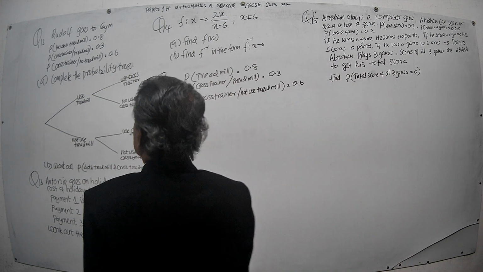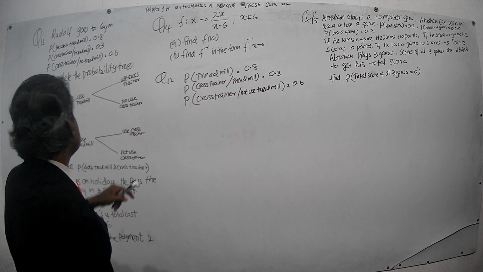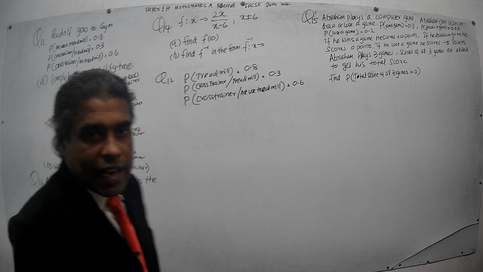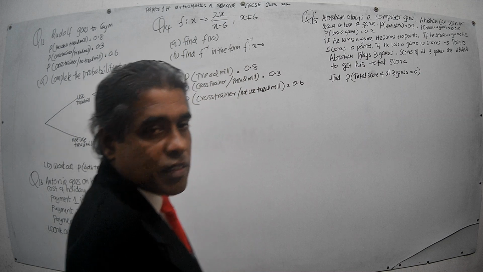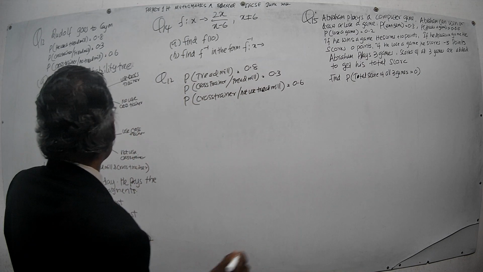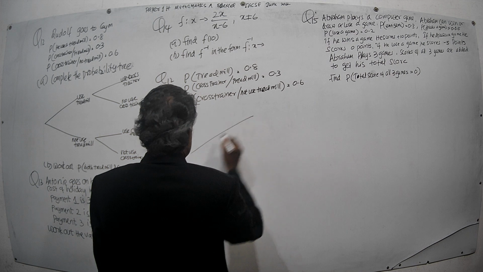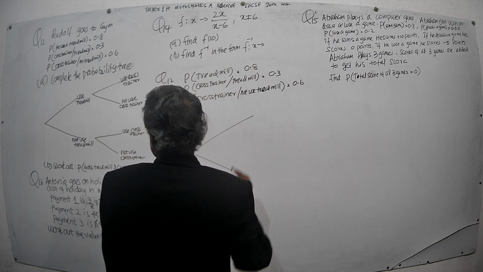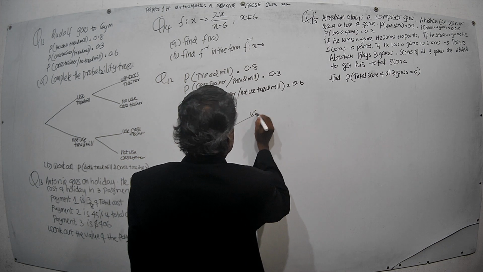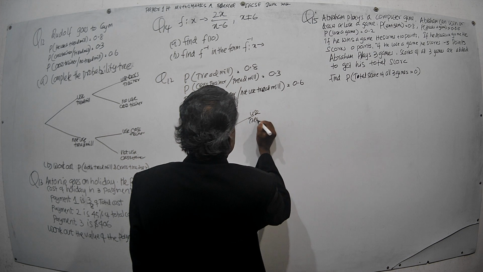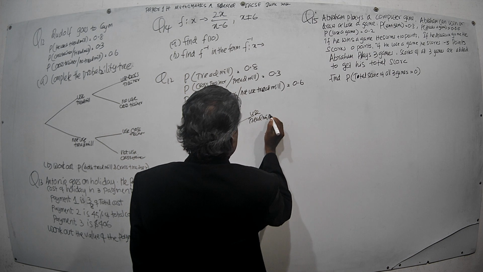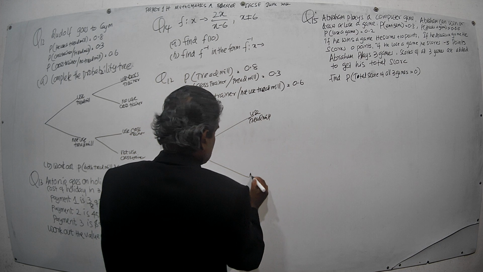Now they ask us to complete the probability tree. They have drawn a probability tree, but I will draw it here again so that you can see it clearly. Here, use treadmill. Here, not use treadmill.